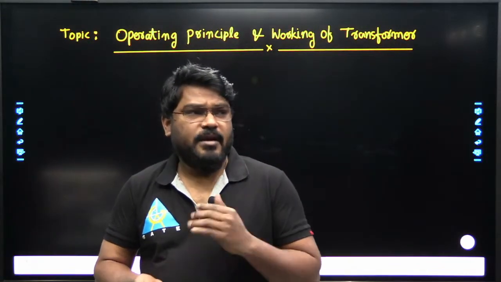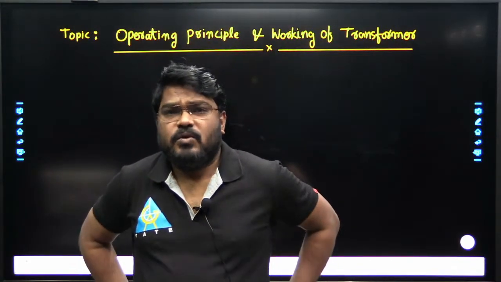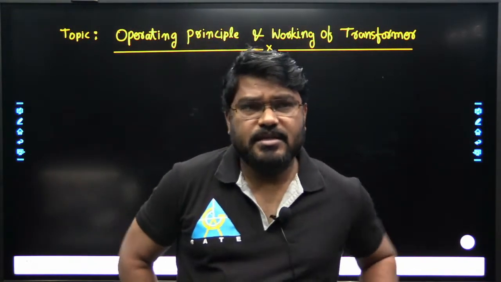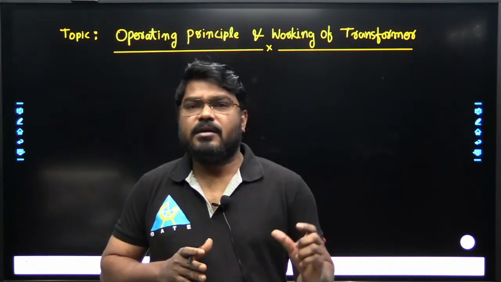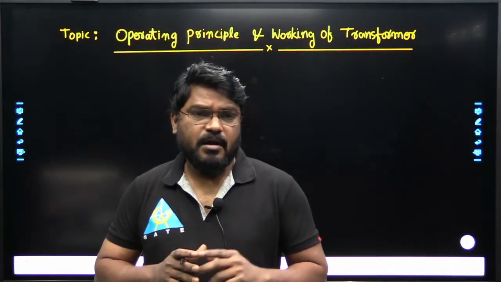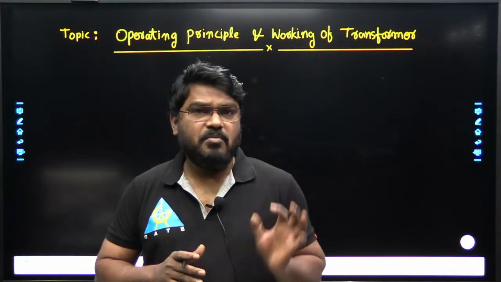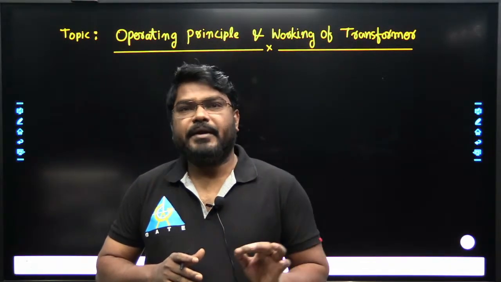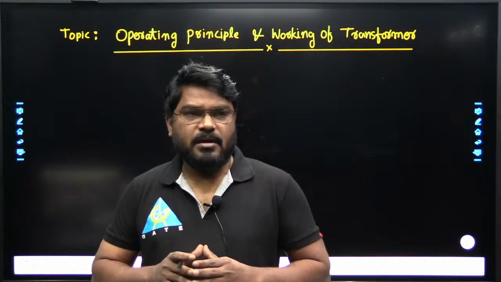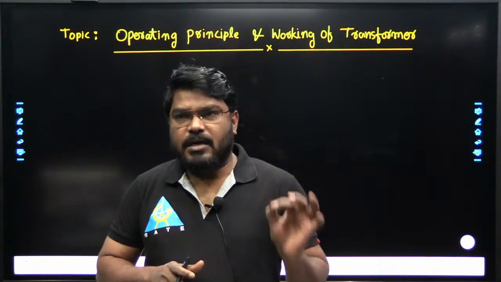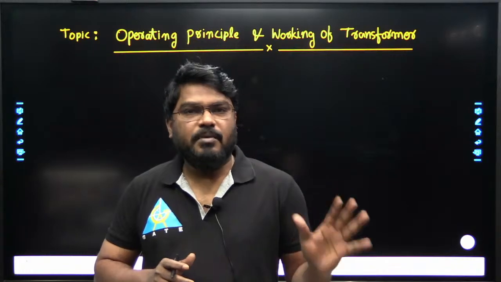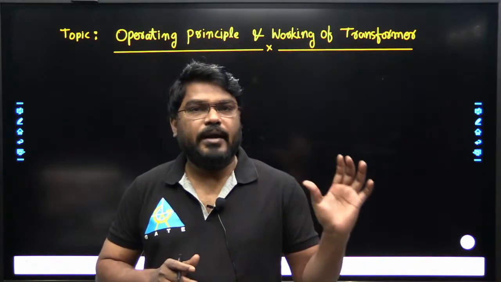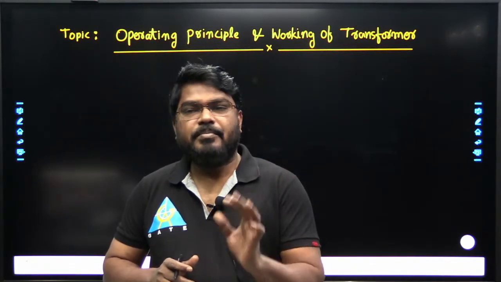Okay, let's get started. In the previous class we discussed what is meant by a transformer and what the features of the transformer are, and after that we discussed nameplate details and applications of transformers. The transformer is a static device which transfers electrical power from one circuit to another circuit at the same frequency.